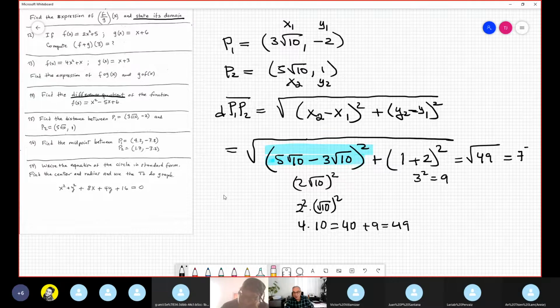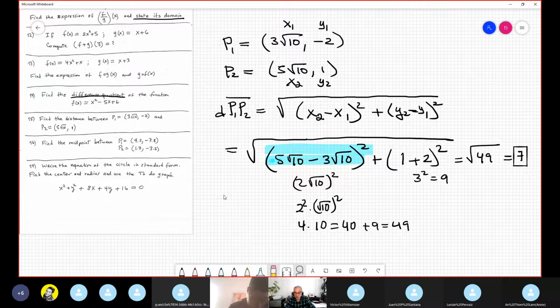The distance between those points is 7. 7 inches, 7 centimeters, 7 miles, it's not important, the unit is not given. It's 7. Any question? Distance formula, one problem in the test. Super clear. Okay, let's move on to the 15th question, that is midpoint.